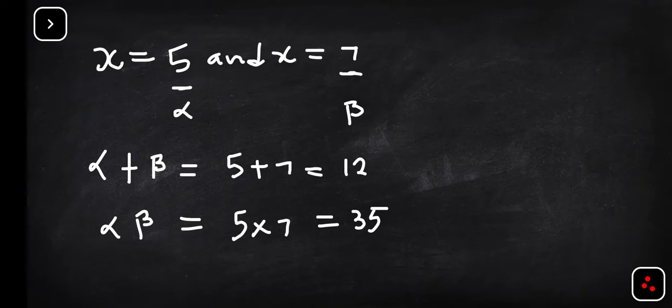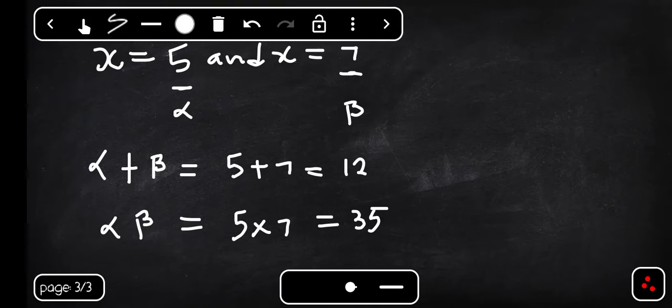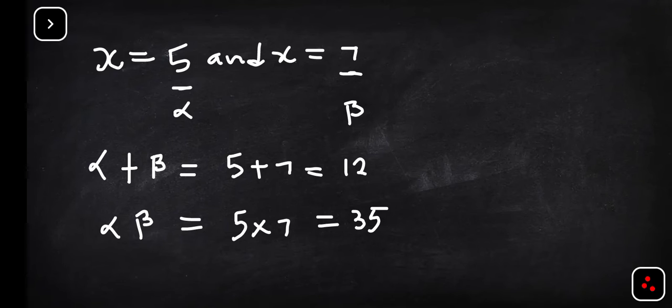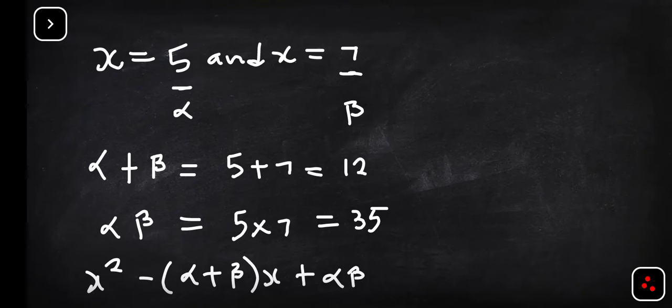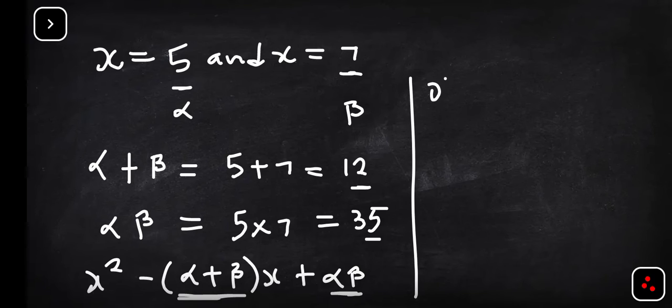You remember the equation. Let me write it here so that you see it. The equation is x squared minus (alpha plus beta) x plus alpha beta. So if we put the sum of roots 12 here and the product of roots 35, we'll get our quadratic equation as x squared minus 12x plus 35.